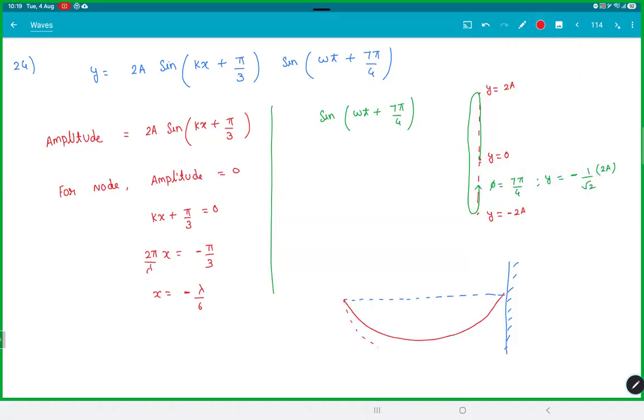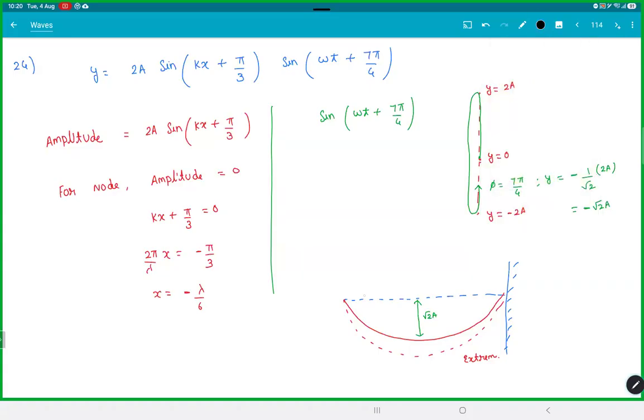This would be the extreme, the dotted line. And you are at a distance of, so all the particles are at only this much of a distance. So you're at a distance of root 2a. So all the particles are at root 2 times a displacement.